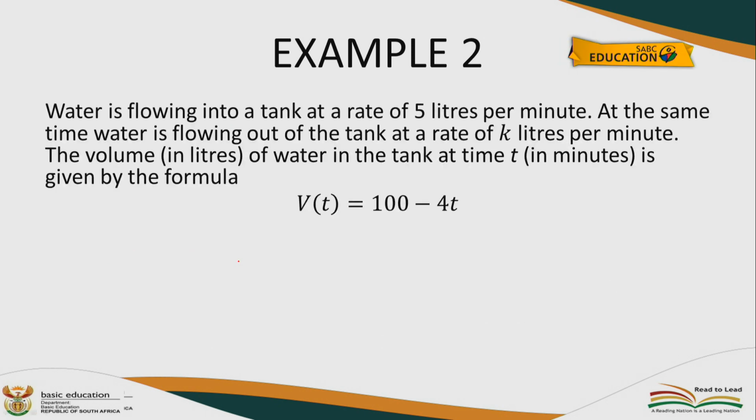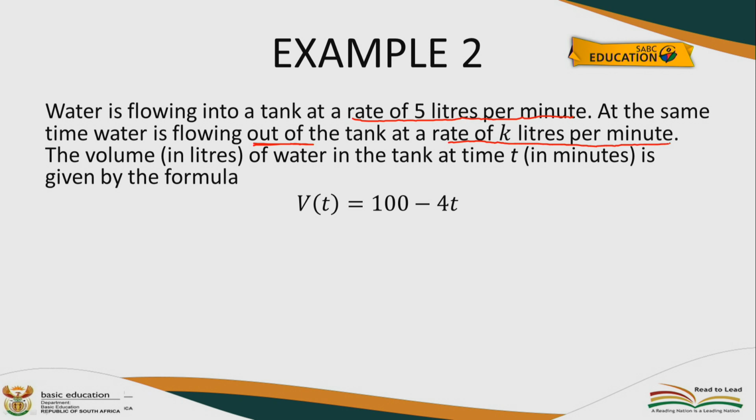We are told that water is flowing into a tank at a rate of 5 liters per minute. So we have a rate there, meaning every minute there are 5 liters flowing into the tank. Now, at the same time, water is flowing out of the tank at the rate of k liters per minute.